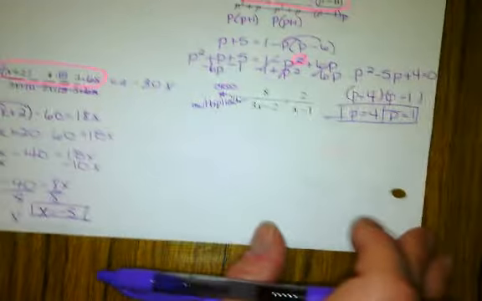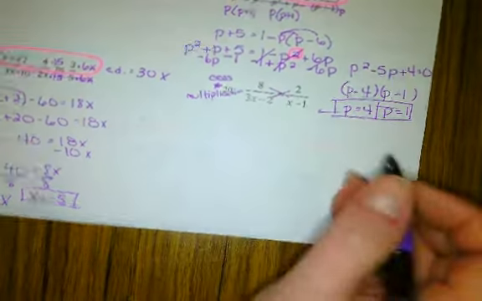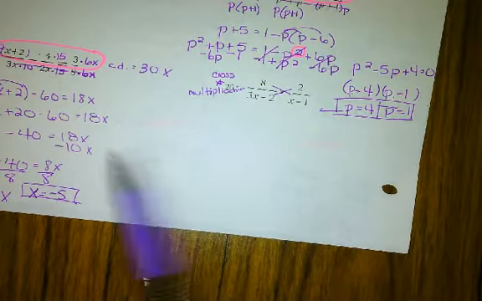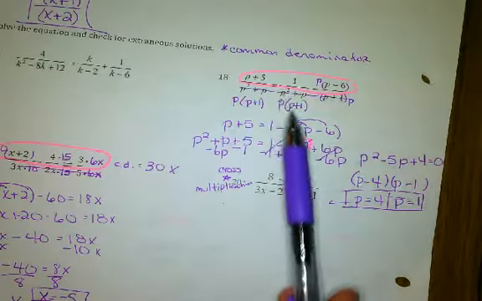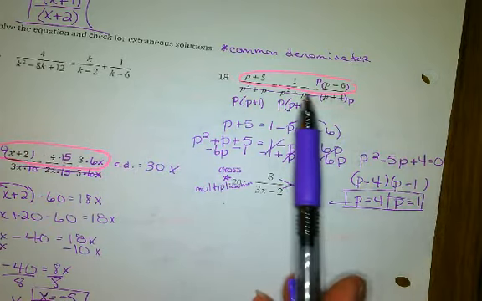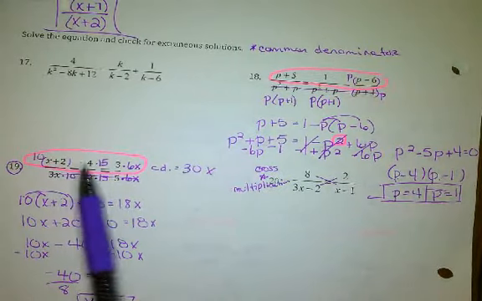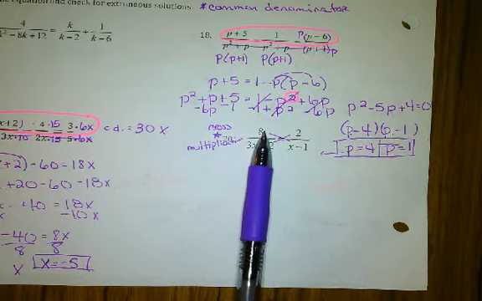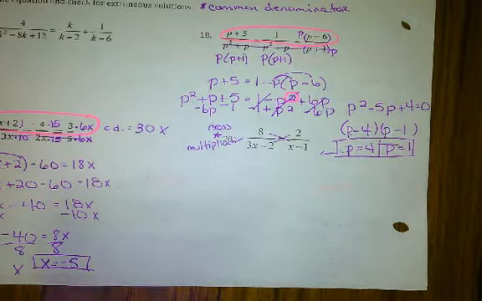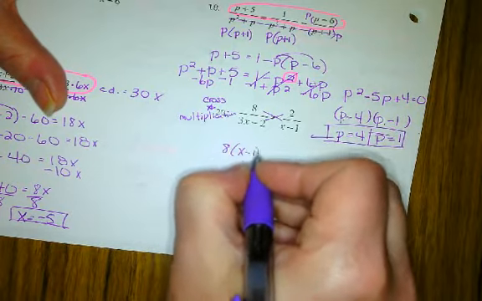All right, on number 20, again, I'm going to cross multiply. That's going to be a little bit different than the ones we did where you had to have a common denominator. And really make sure you notice what the difference is with these. Like on these, you usually have one thing equaling two things, or two things equaling one thing. But when you're cross multiplying, you have one thing equaling one thing. So on this one, I'm just going to set my problem up.